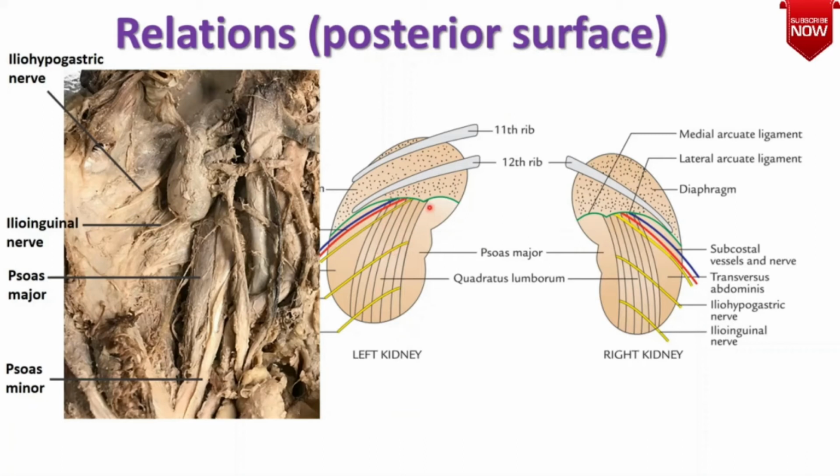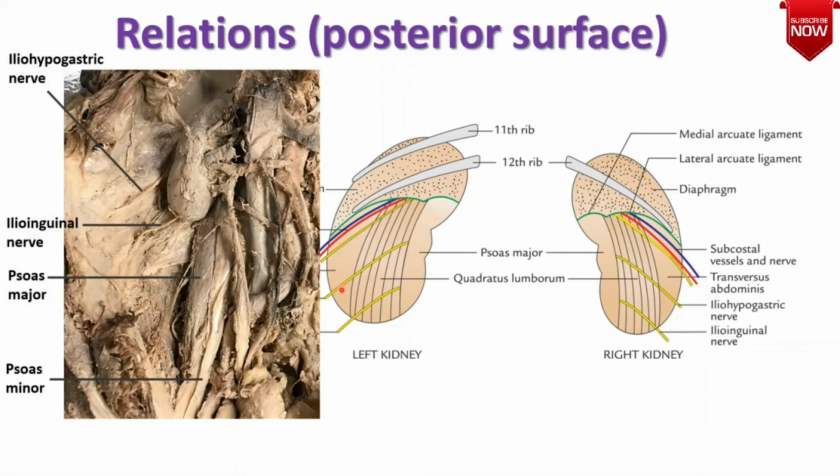At the lateral border of the psoas major muscle, you can appreciate this nerve over here. This nerve is the iliohypogastric nerve, the branch of lumbar plexus from the L1 spinal segment, coming out at the lateral border of the psoas major muscle, then running downward and laterally on the anterior surface of the quadratus lumborum muscle.